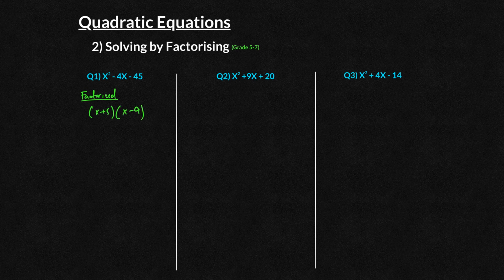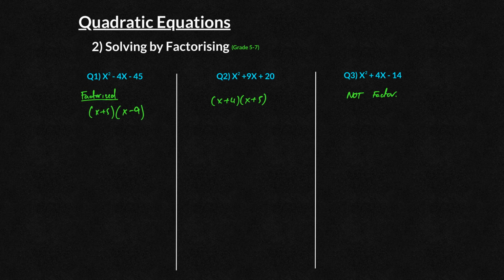For the second one, we had x plus 4, x plus 5. And this one didn't factor. Okay, so if we're looking at what we've got here, obviously if this was in the exam, you'd be expected to do the previous step that we've just done, where you had to factor, and then you'd have to do this step on top. So I'm just continuing that.